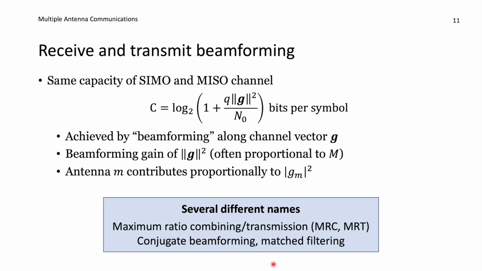And at the receiver, it's sometimes called matched filtering. And a key property of these methods is that antenna M contributes proportionally to how good its channel is. So an antenna that has an absolute value squared of G_M that is twice as large as another antenna will contribute twice as much to the signal-to-noise ratio as that other antenna.